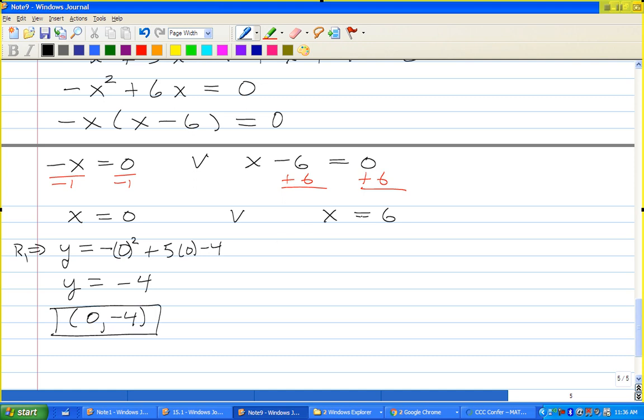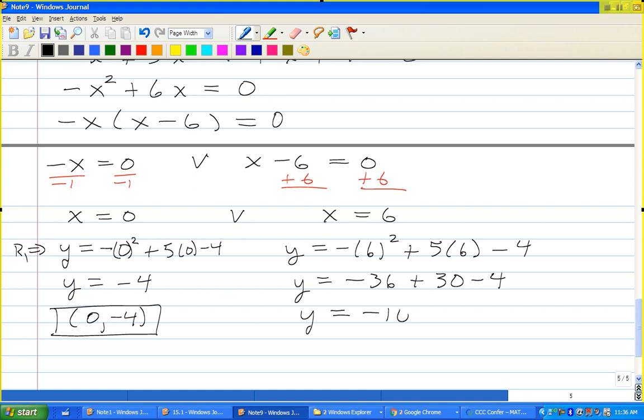And y is equal to negative x squared plus 5x minus 4. So y is equal to a negative 36 plus 30 minus 4. So y is equal to a negative 10.